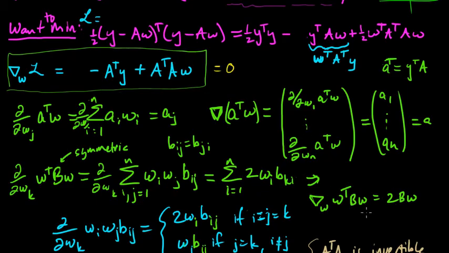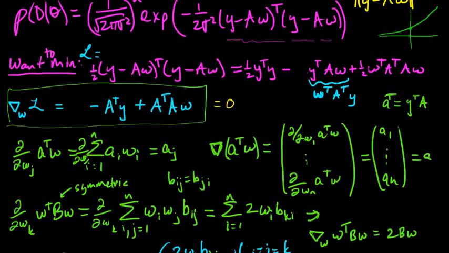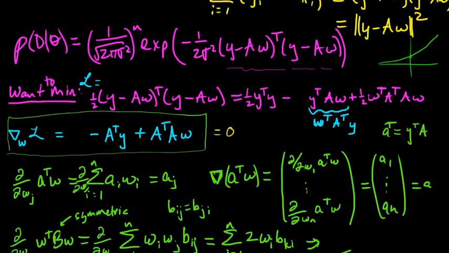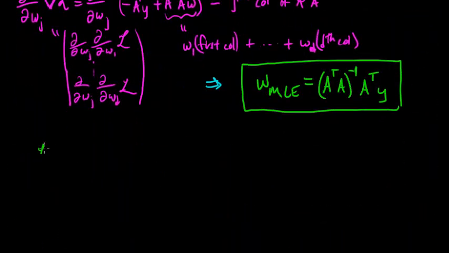Also, a more general interesting thing is that this L, remember, was equal to this dot product, but that was just equal to the square of the norm. So let's go back down here. L was one half y minus A w squared, a function of w. And we minimized this with respect to w, and had a unique minimizer.